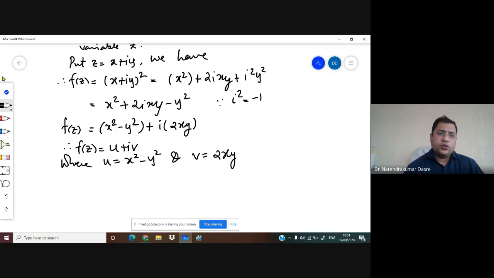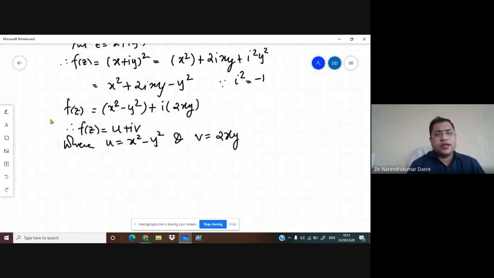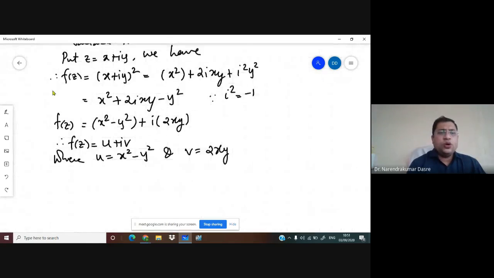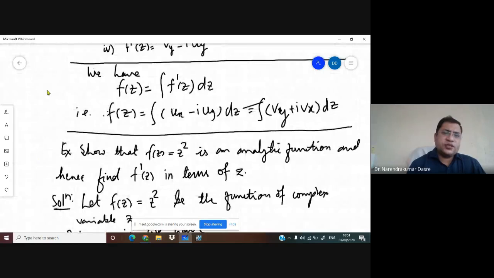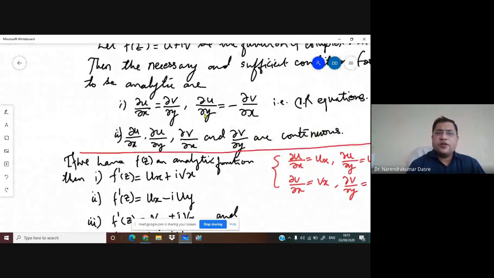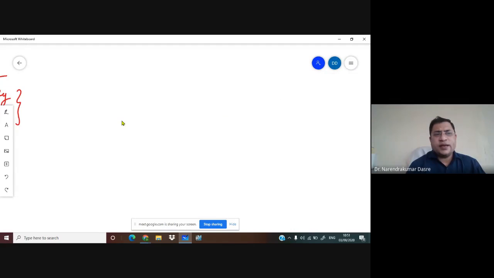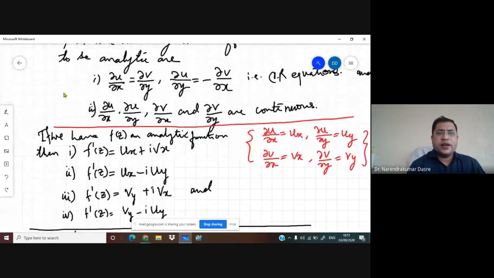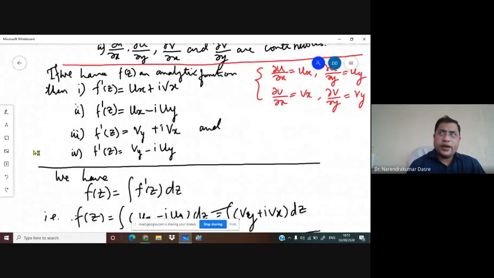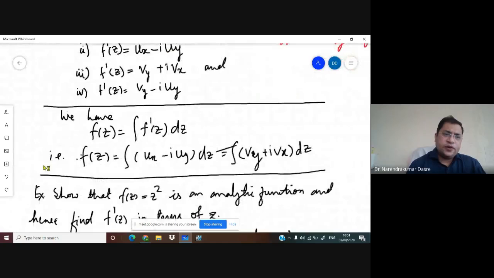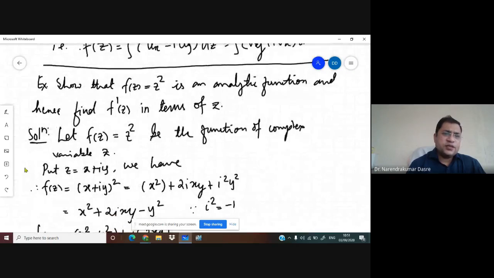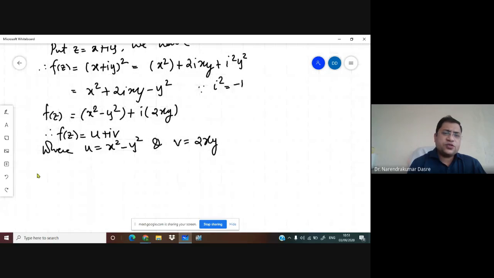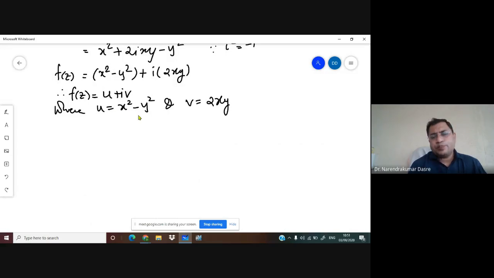This way, the first step, separating real and imaginary part, is completed. Now we have to go for the second step, which is finding the derivatives and seeing whether they satisfy the CR equations or not. First, we have to find out the first order derivatives.